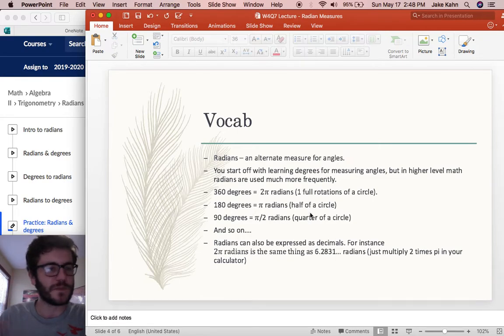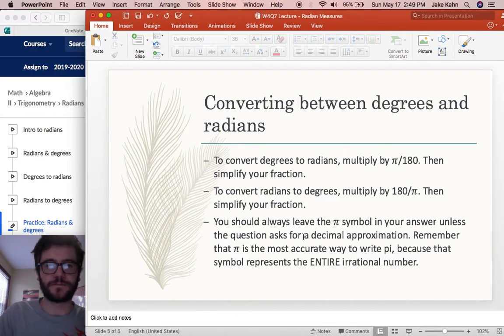Type 2 times pi into your calculator and you'll get 6.2831. 6.2831 radians is the same thing as 2 pi radians, is the same thing as 360 degrees. But remember, anytime that you have the pi symbol, it's better to actually write that pi symbol because that fully expresses the irrational number. With a decimal, you have to cut off the decimal somewhere and it's not as accurate as it could be.